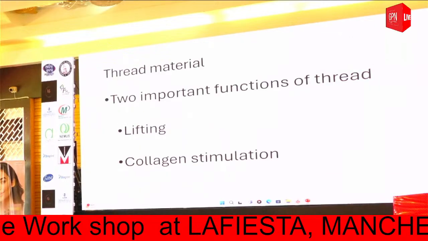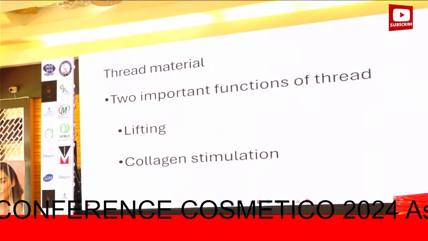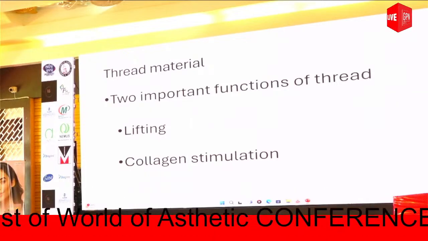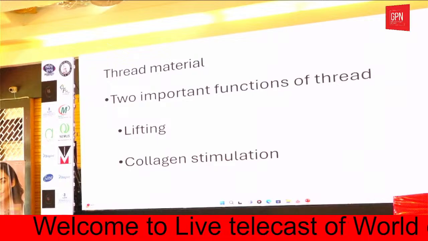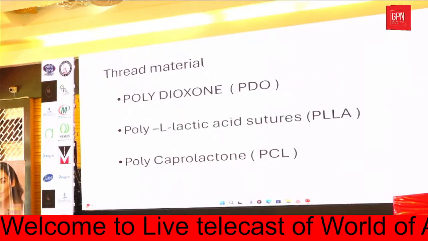So came the concept of thread lift, which is a very minimally invasive surgery. For the thread material to be good, there are two criteria. One, it should give a good lift. Another, it should give collagen stimulation, which brings plumpness to the face and a younger looking face.